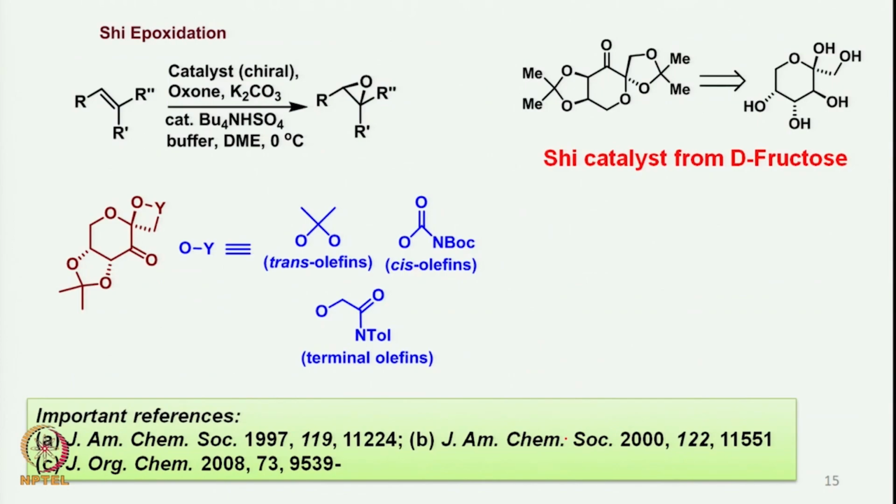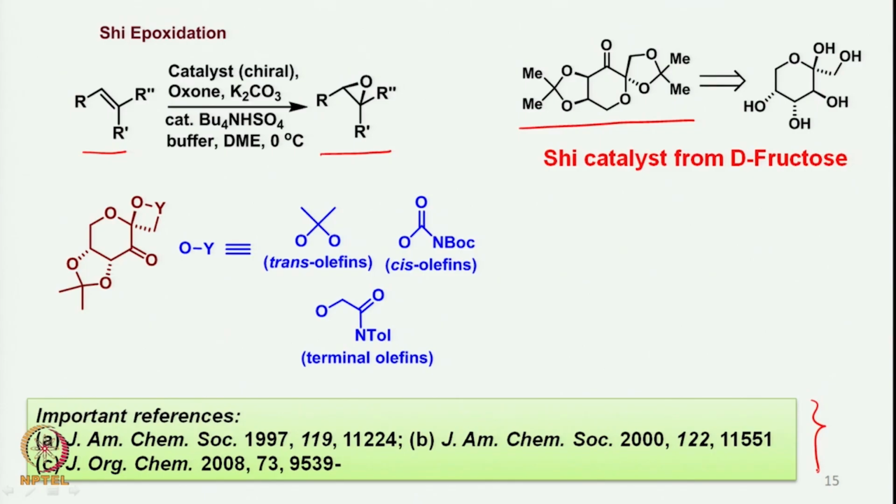As I discussed and introduced, we have the Shi oxidation. One can start from D-fructose and prepare this particular ketone, which is used in the Shi epoxidation of converting an olefin to the corresponding epoxide, which is chiral, and there are references which I mentioned here. They are very important references.